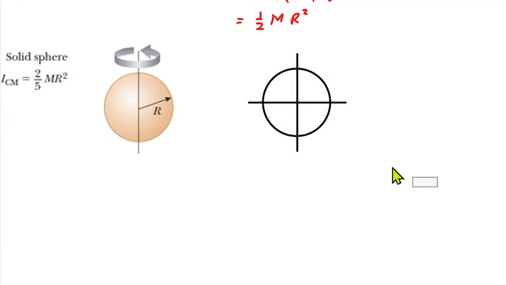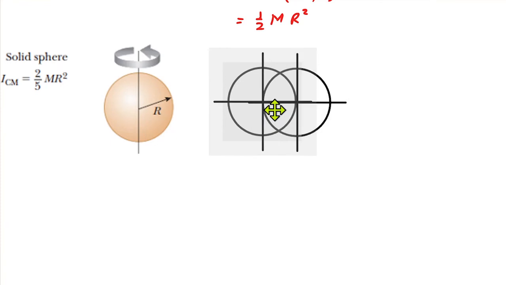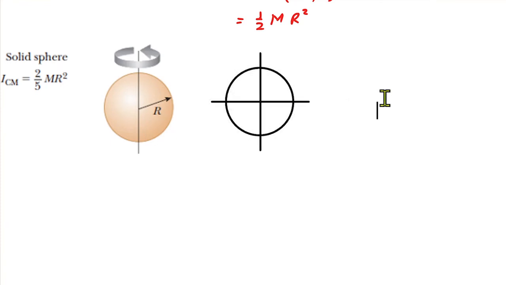Better. Okay. We'll have a circle. Okay? Equation of the circle: x squared plus y squared is equal to capital R squared. Okay? We're going to draw a rectangle right here. And then we're going to rotate this.